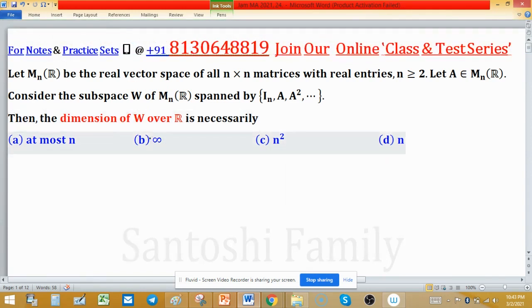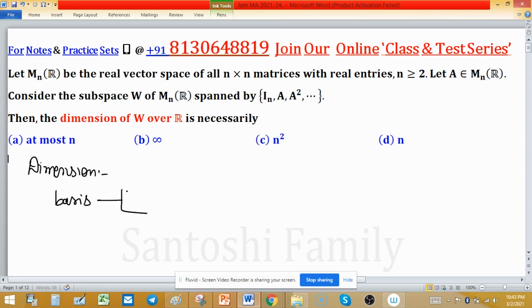As the dimension of W over R is asked about, what is dimension? The first important point is, what is dimension? Dimension is the number of elements in a basis. If it is a basis, then we have two ideas related to basis.